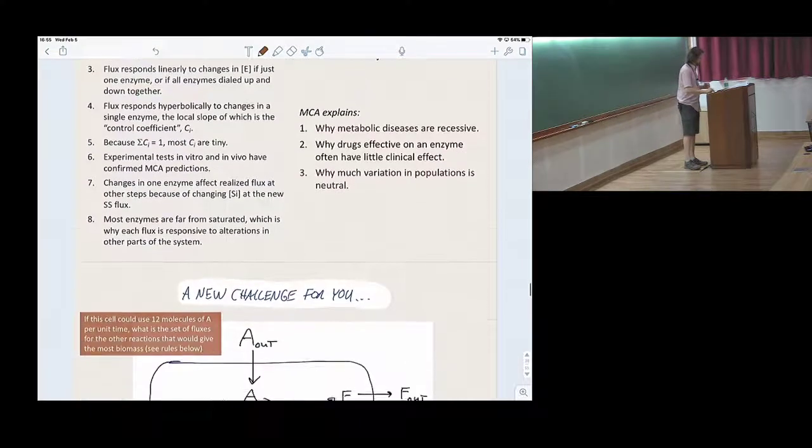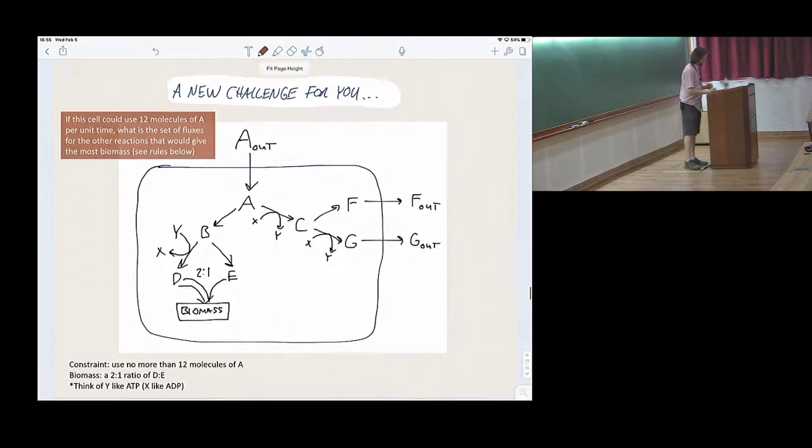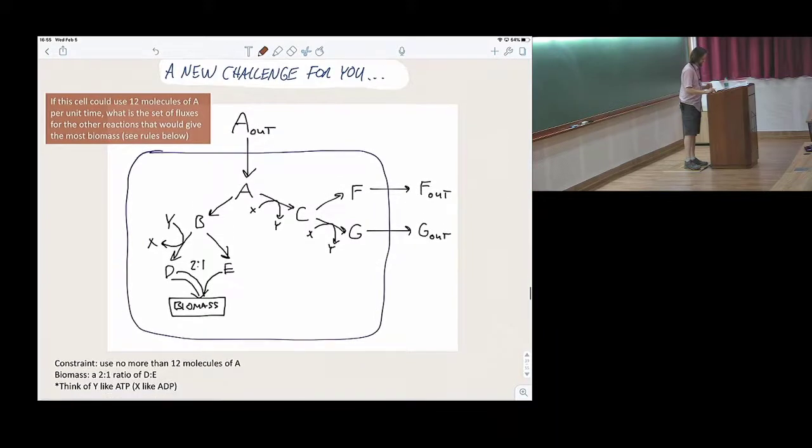All right, so now, I know this isn't tutorial day, but too bad, I've got a challenge for you. We're going to talk about a different kind of metabolic model. This is called flux balance analysis. That'll be written out on another slide. But it's basically asking this kind of question.